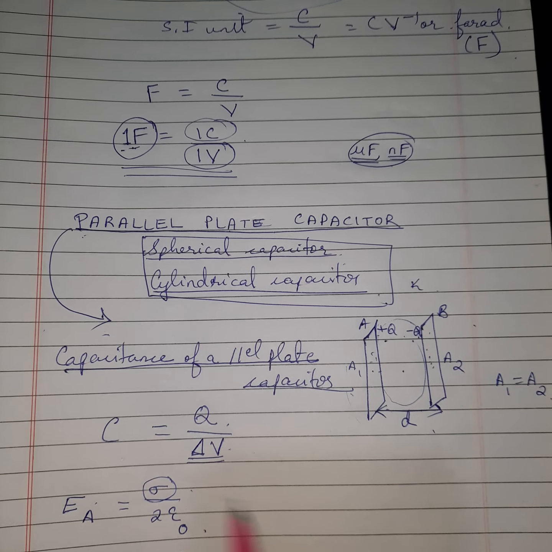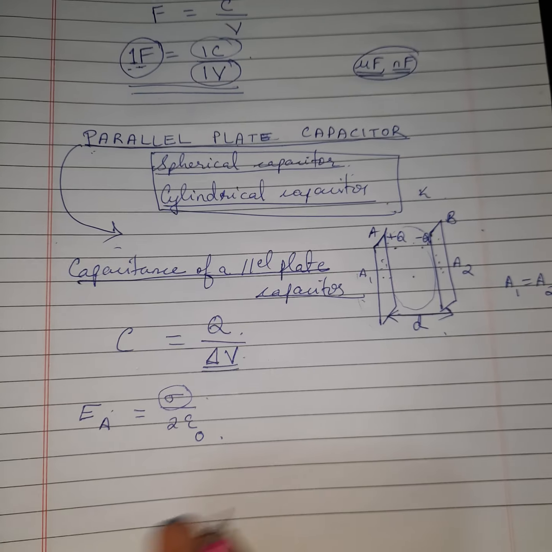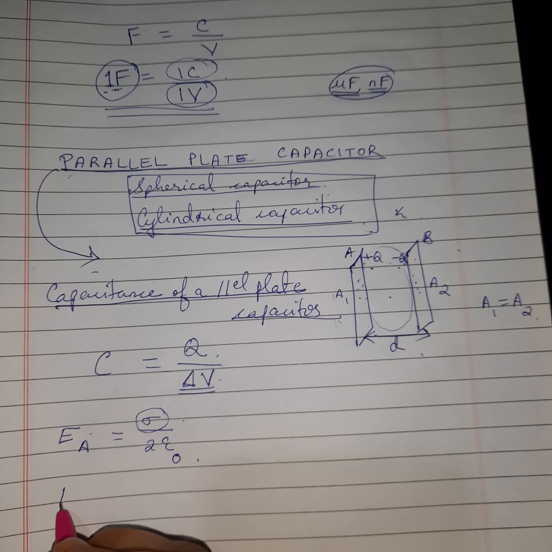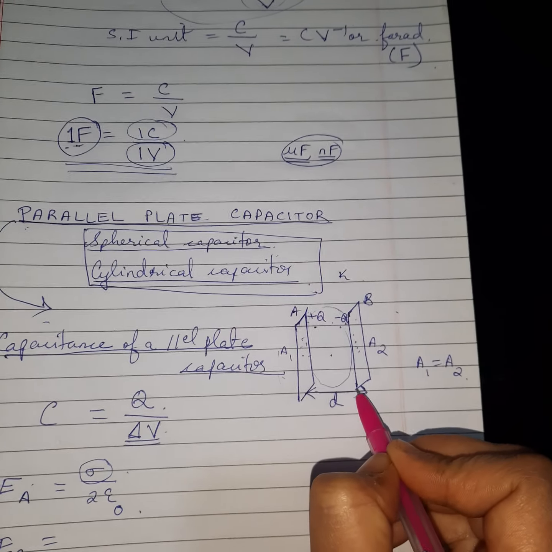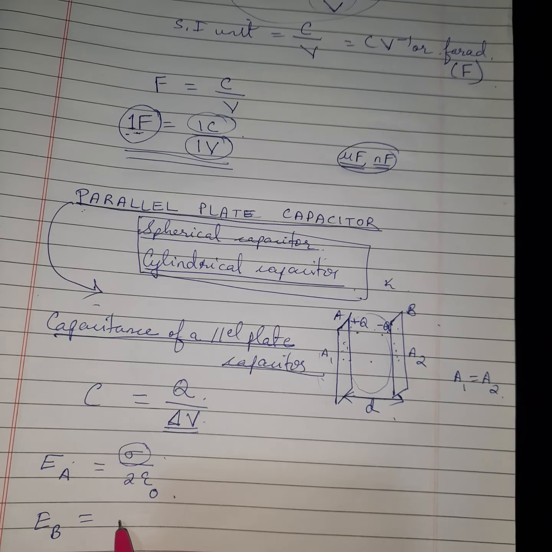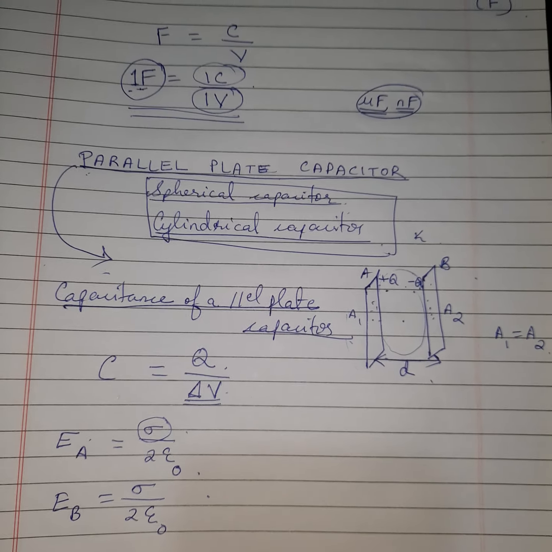This sigma is the surface charge density for plate A. Similarly, for plate B, again an infinite plane sheet of charge, the electric field will be sigma by 2 epsilon naught.